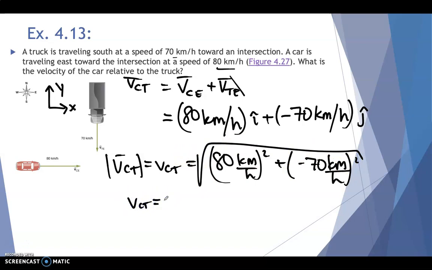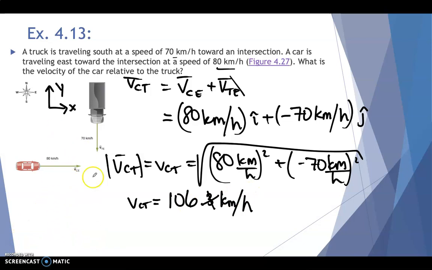So I can put that into my calculator. 80 squared plus 70 squared, square rooted, and I get 106 kilometers per hour. So the magnitude of the velocity of the car relative to the truck is 106 kilometers per hour.